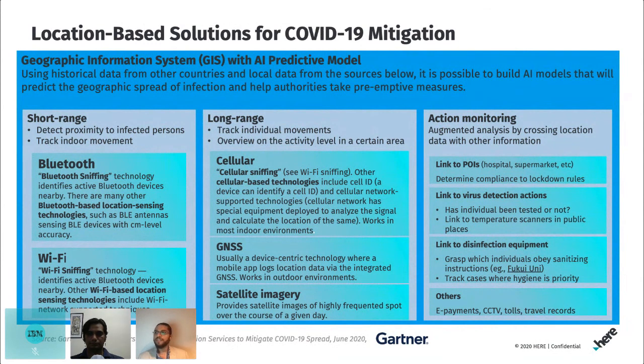So if you have a set of points of interest, if I need virus detection action, if I need to see my equipment, the hospitals, e-payments, CCTV, toll gates, you name it.